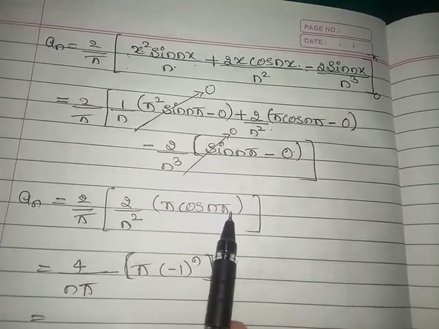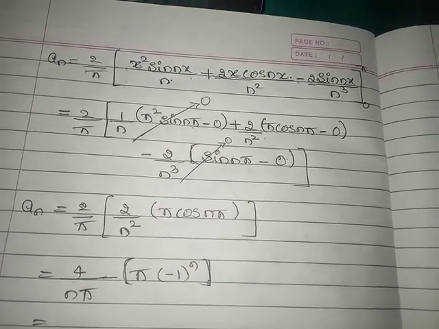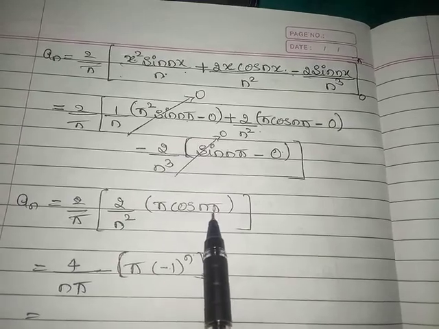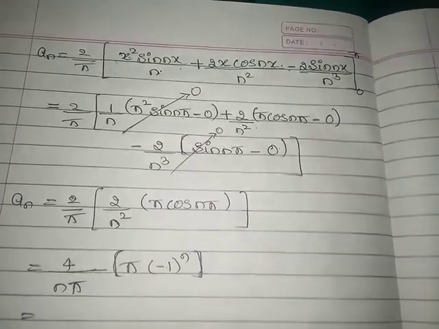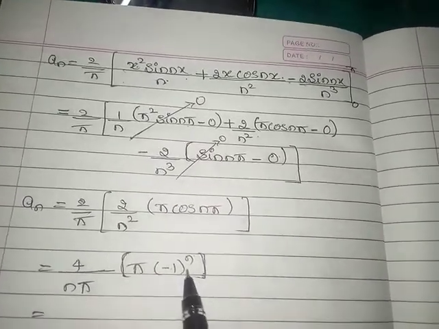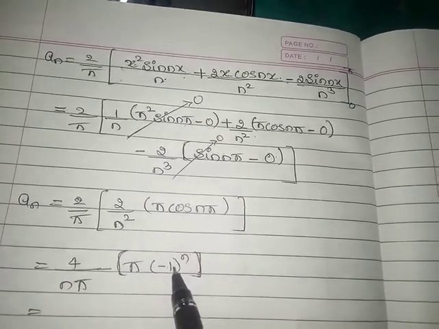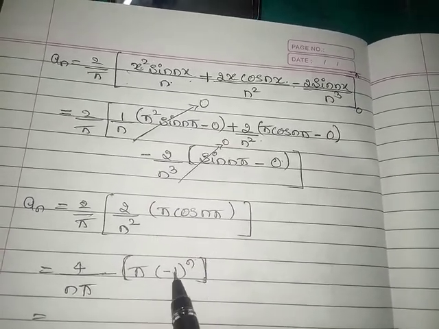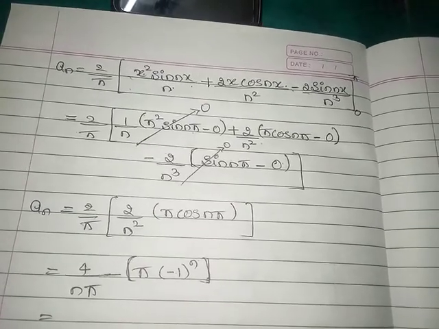Cos 0 is 1, cos 90 degree is 0, and cos pi is minus 1, cos 2 pi is 1, not minus 1, because minus 1 whole square is 1.